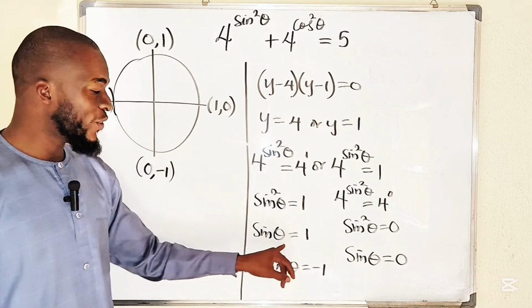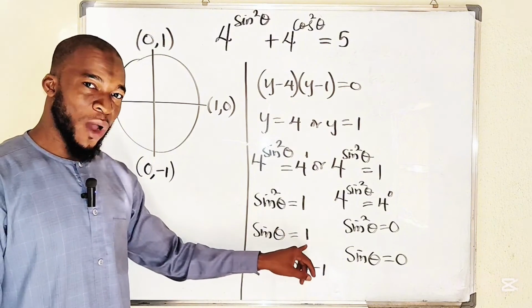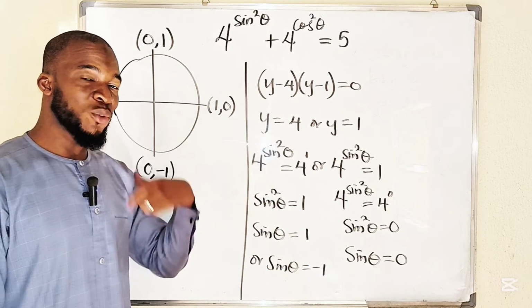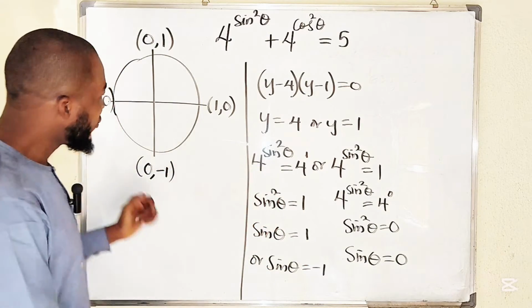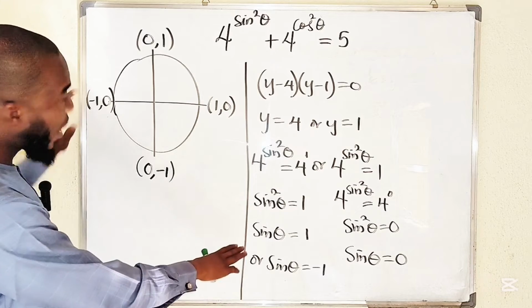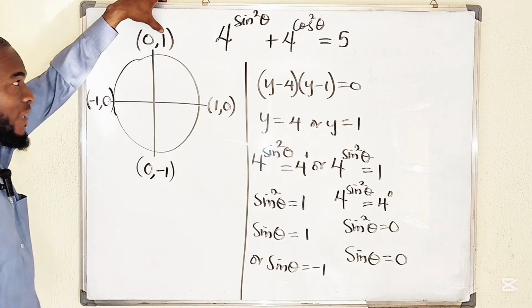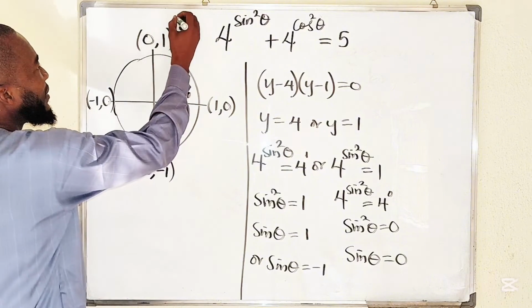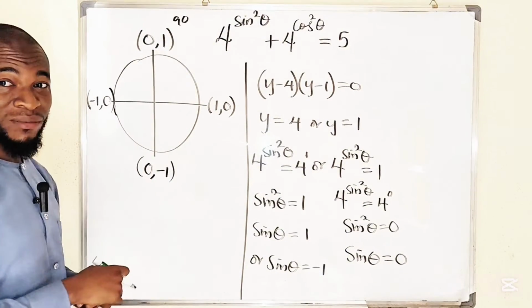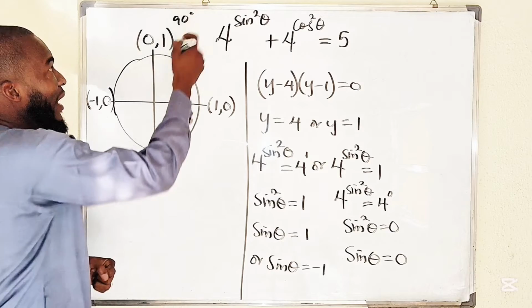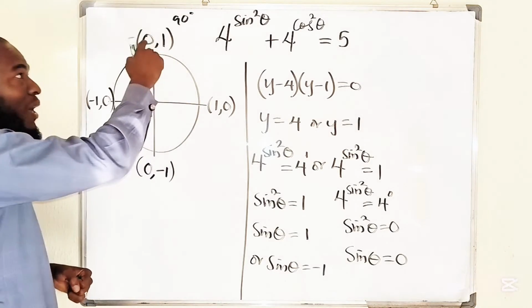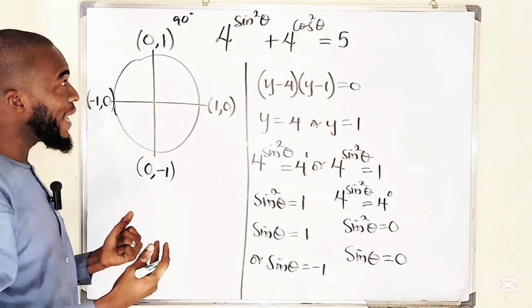So let's start with the first one. Sine of what angle is 1? Remember, sine depends on the y coordinate. So we are looking for the y coordinate where we have 1. You see, we have 1 here. So at 90 degrees, we have a solution. And if you go around, you come back to that point, you have another coterminal angle.